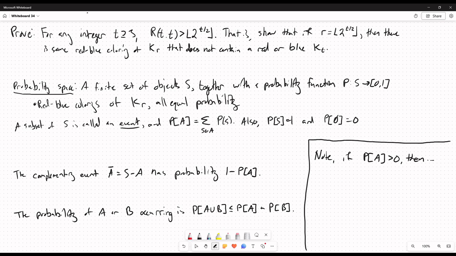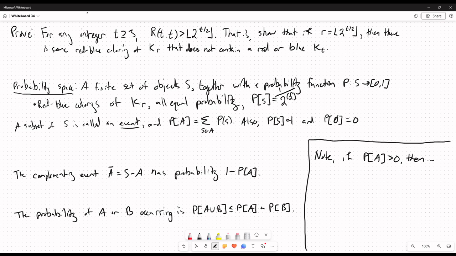So P of s is going to be 1 over 2 to the power of r choose 2 for each of these, because again, I have 2 choices of color for each of my edges. And then if you add all those up, you'll get 1, which is what you want.